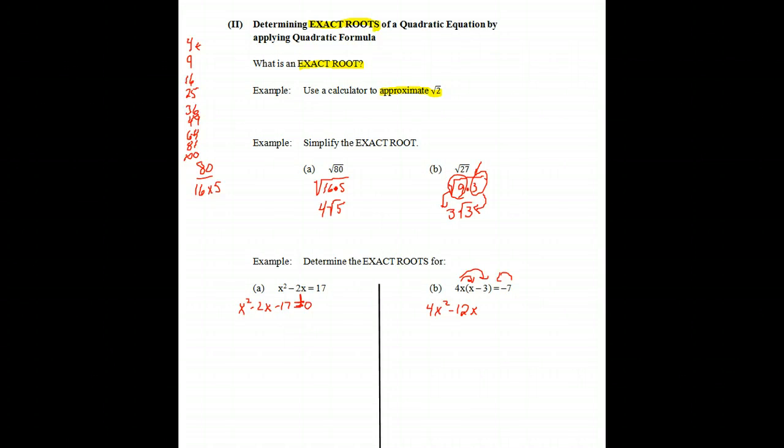This 7 needs to come over, so it's going to be plus 7. Your a, b, and c values: 1, negative 2, negative 17. Here, your a value is 4, your b value is negative 12, and your c value is 7.